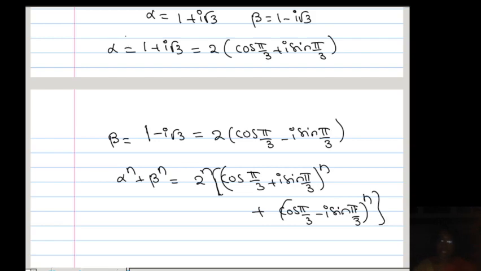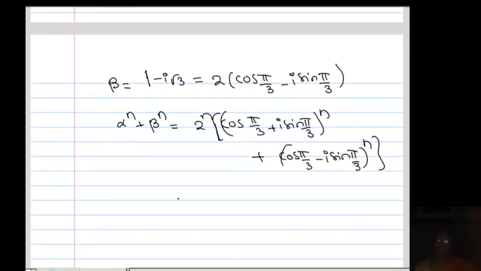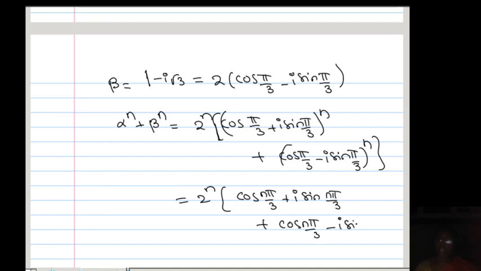By using De Moivre's theorem I can give the proof of this. Cos pi by 3 plus i sin pi by 3 power n means, by De Moivre's theorem, cos n pi by 3 plus i sin n pi by 3. Similarly, also by De Moivre's theorem, cos n pi by 3 minus i sin n pi by 3.